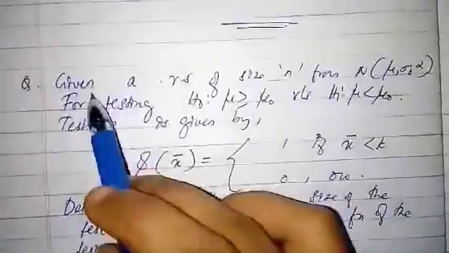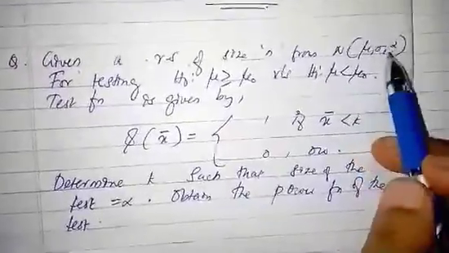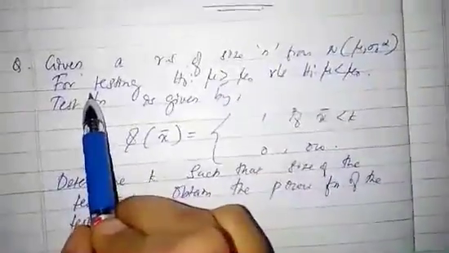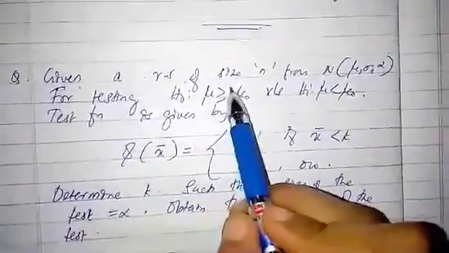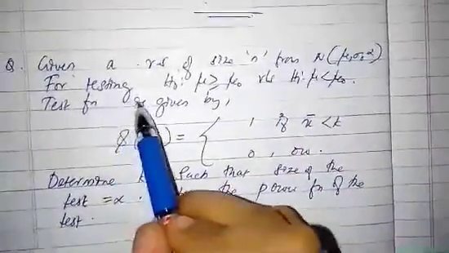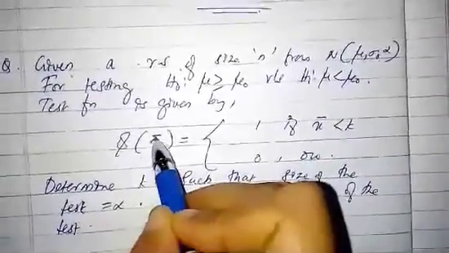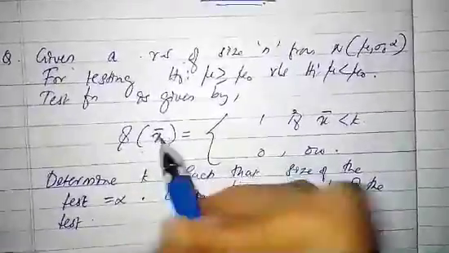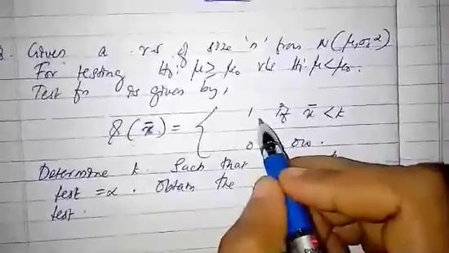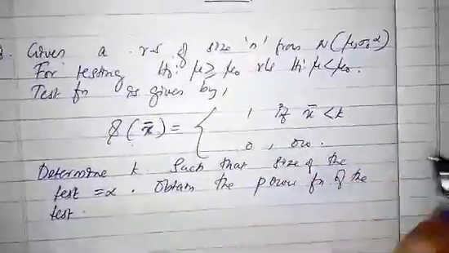So here the question is: given a random sample of size n from the normal distribution with mean mu and variance sigma naught square, which means the variance is known, right? For testing H naught mu is greater than or equal to mu naught versus H1 mu is less than mu naught, and the test function is given by phi of x bar, where x bar means the sample mean.